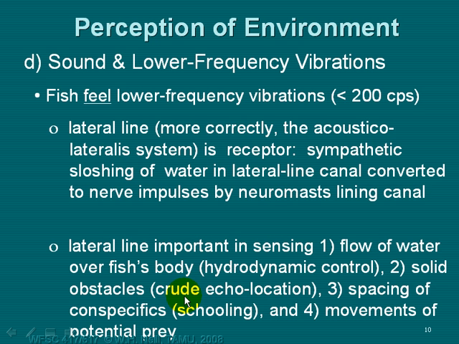And the water is sloshing in the canal of the lateral line and triggering the cells that I think are, again, both analogous and homologous to the ones that are in the inner ear. At least they're called neuromasts. Little epithelial cells with little cilia, little hairs that stick out and get triggered when the water sloshes back and forth.